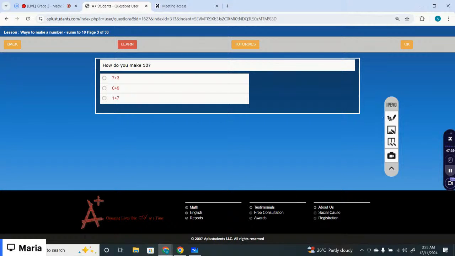Option number 1 is the correct option. That is 7 plus 3 equals 10.